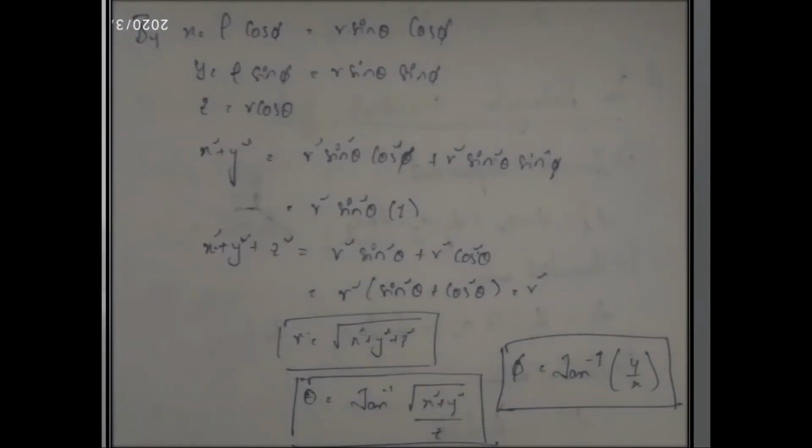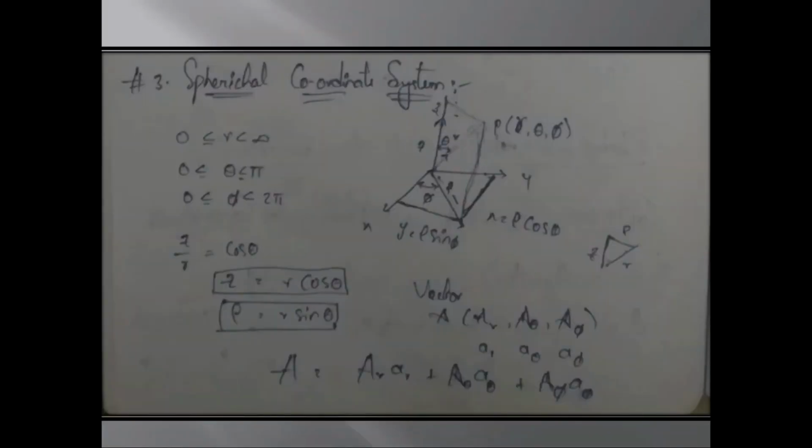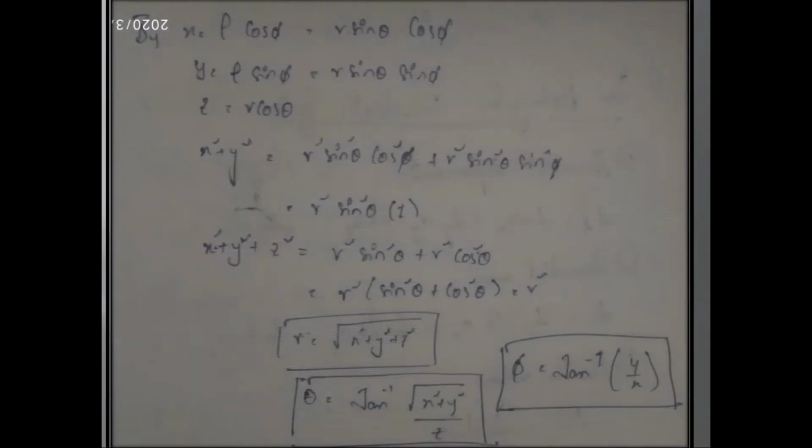So from these two, we get x is equal to ρ cos φ, that is equal to r sin θ cos φ, and y is equal to ρ sin φ, that is equal to r sin θ sin φ. And z is equal to r cos θ.